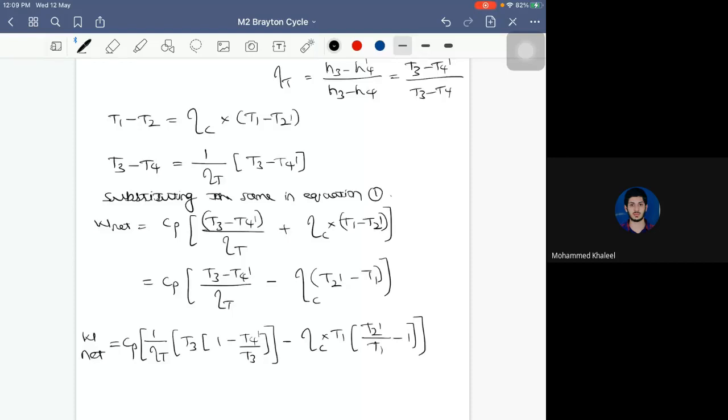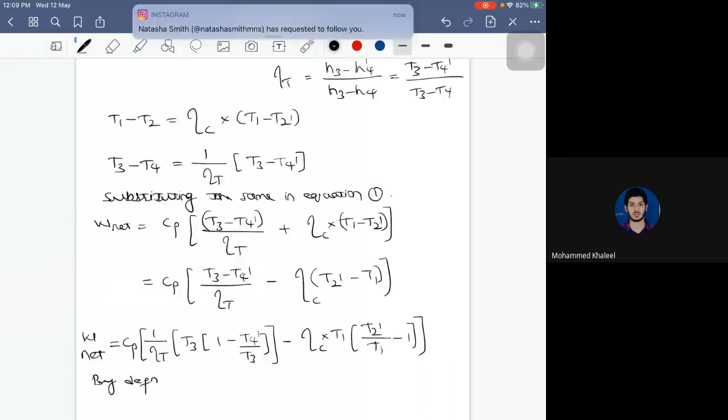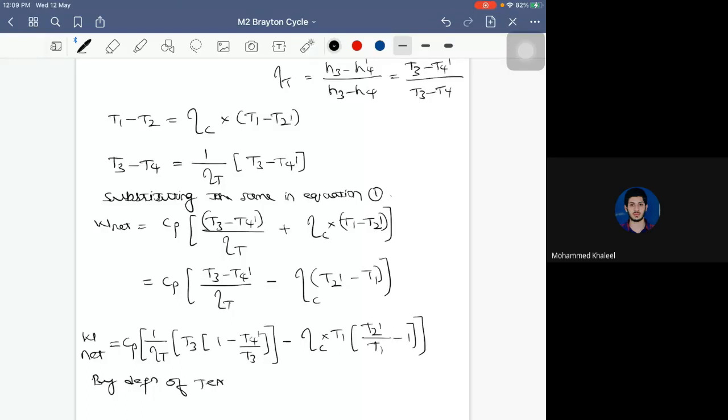Now, again by the definition of temperature ratio, TR is equal to T2 dash.